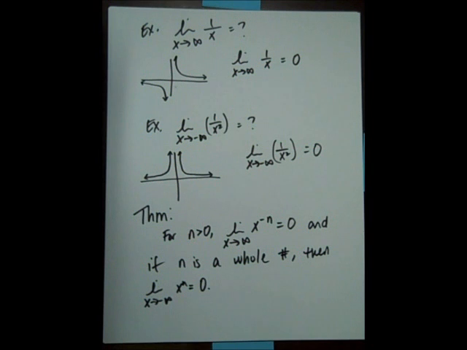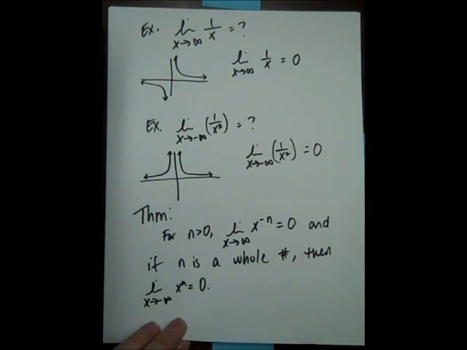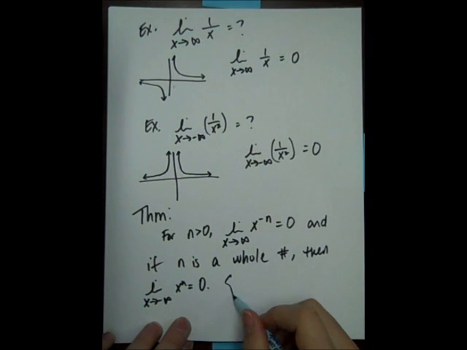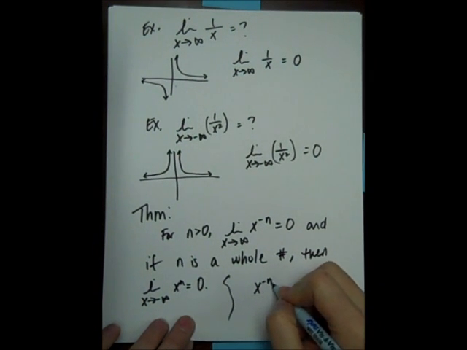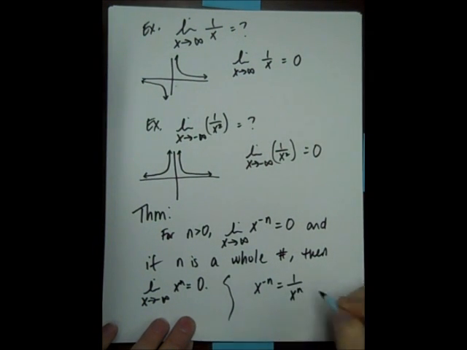Now if n is not a whole number, we can't necessarily say this. One thing you might want to recall is that x to the minus n is 1 over x to the n. So that's why we're saying this.